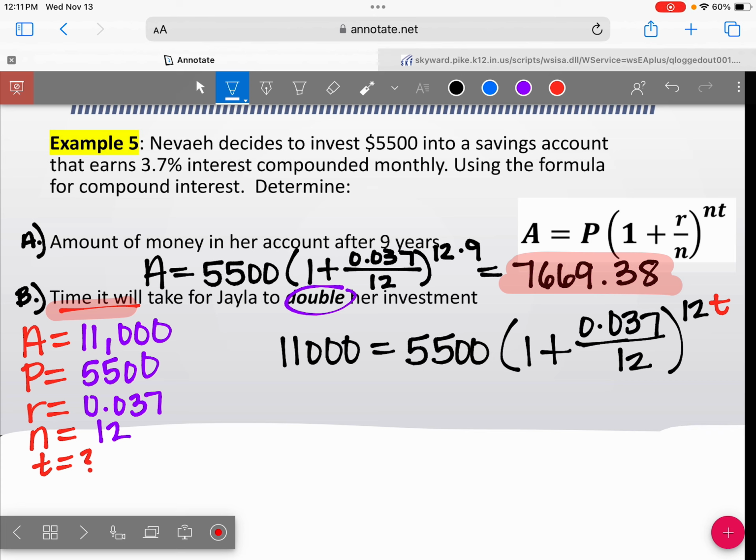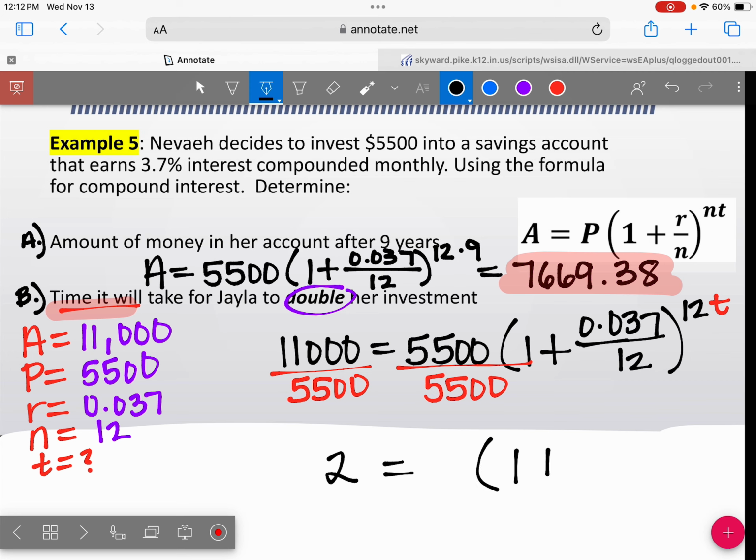The first thing we're going to do is divide both sides by 5,500. And that's where we get the 2. So we get 2 equals, and then I have this parentheses.